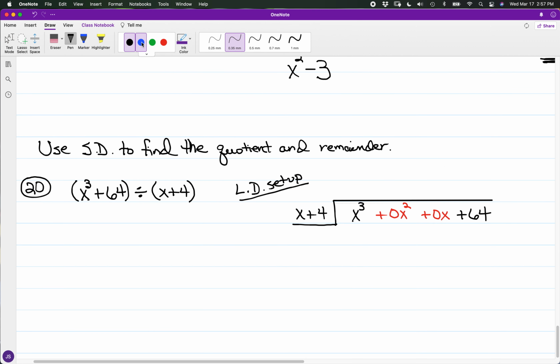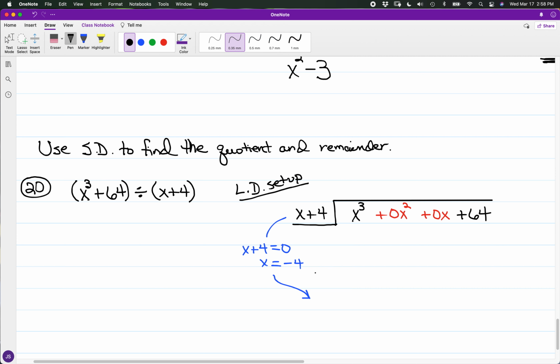And if I translate this in terms of synthetic division, I can use synthetic division since the divisor has x in first degree. So x plus 4 is equal to 0, and the 0 of this is at negative 4.